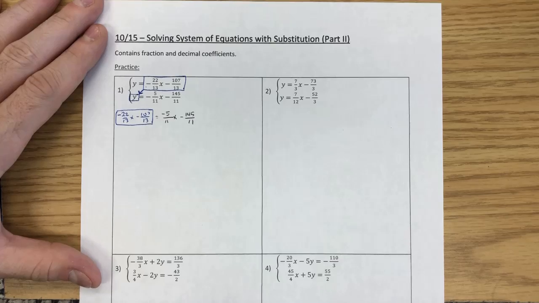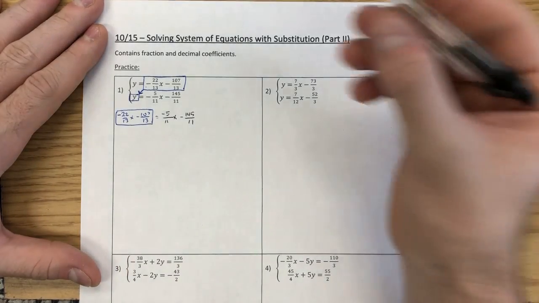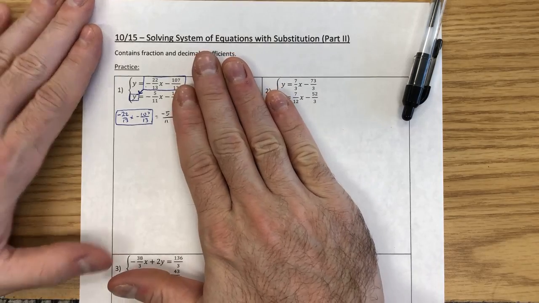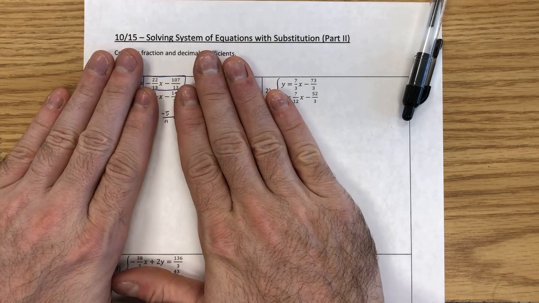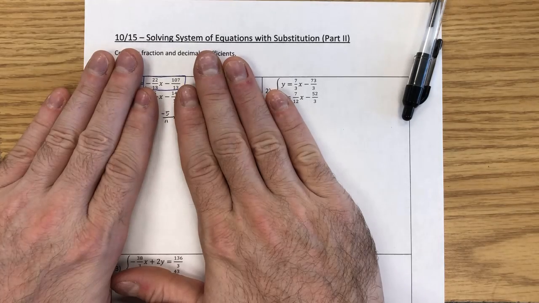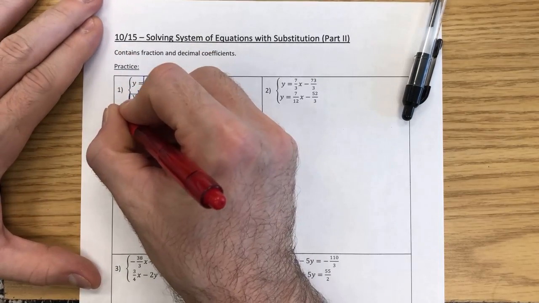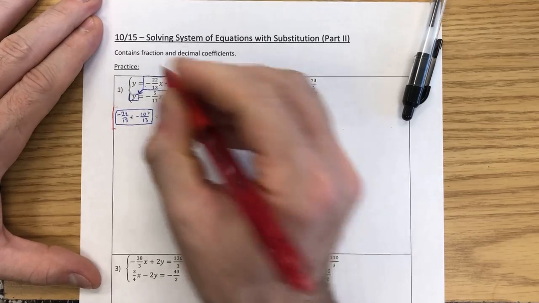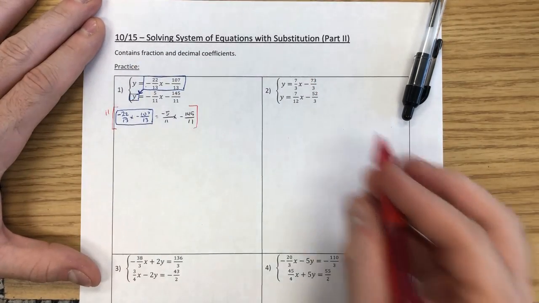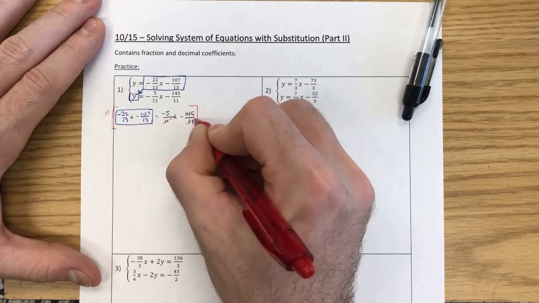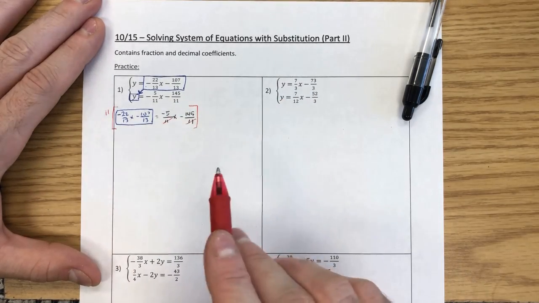The next thing that we're going to do is get rid of some of these fractions. Now if I were to simply look at this fraction and say, okay, that's negative 5 divided by 11, how do I undo division? Well, multiplication. So let's go ahead and undo division with multiplication. I'm going to multiply everything in this equation by an 11, which means that these two are going to completely cancel out. Multiply and divide by 11.